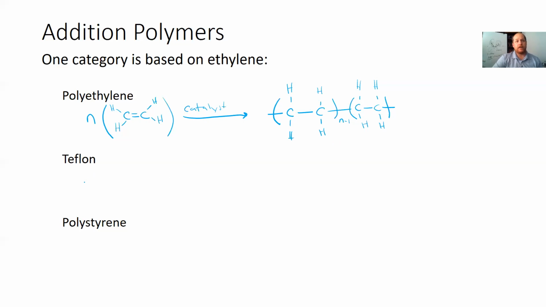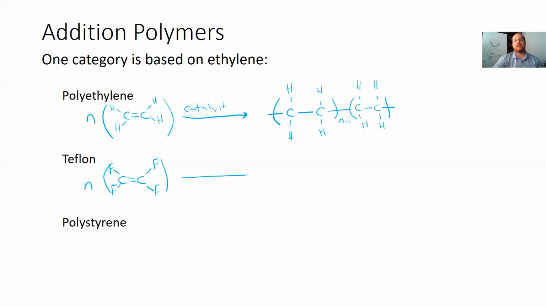Another common one out there is Teflon, and Teflon is trifluoroethylene. Instead of carbons bonded to hydrogens, now they're all bonded to fluorines. The reason this is so useful is that the fluorines are really electronegative, small atoms, and they don't want to interact with much when they're part of this molecule.